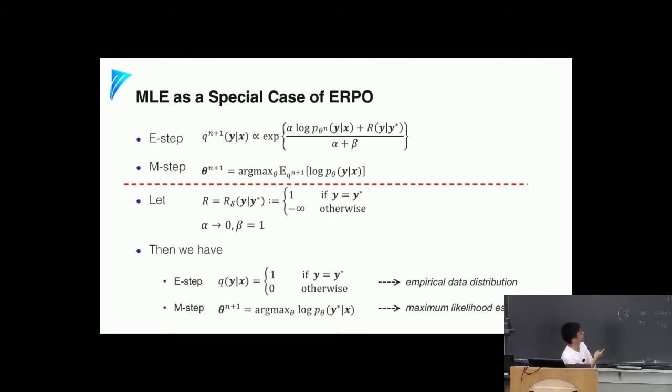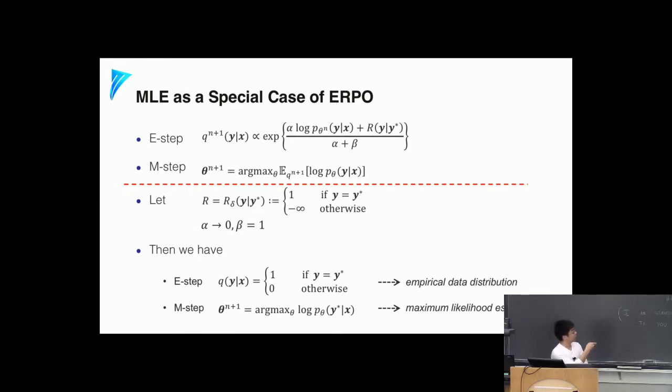Otherwise, because this is negative infinity, this is 0. So we get this distribution. What does this mean? This is indeed the empirical data distribution, because only when y equals y star do we get some probability mass, and for all other cases we don't assign any probability mass. So this Q distribution basically degrades to the empirical data distribution.